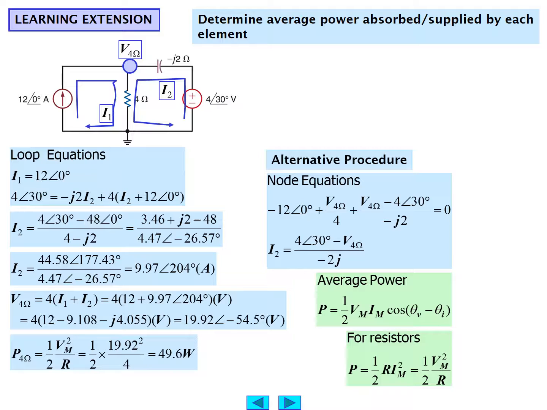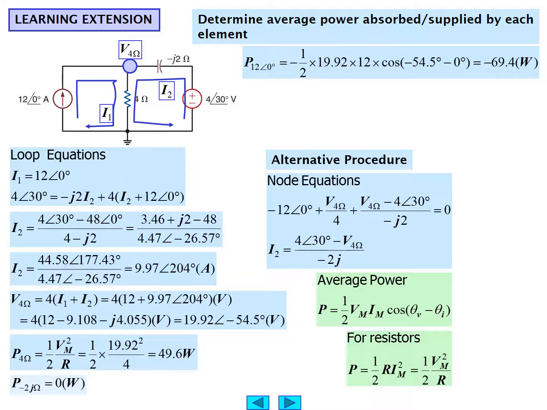The power across the 4 ohm resistor is 1/2 its voltage squared divided by the resistance. In this case, 1/2 times 19.92 squared divided by 4 is 49.6 watts. Power across the capacitor, since it is an ideal capacitor, is 0.